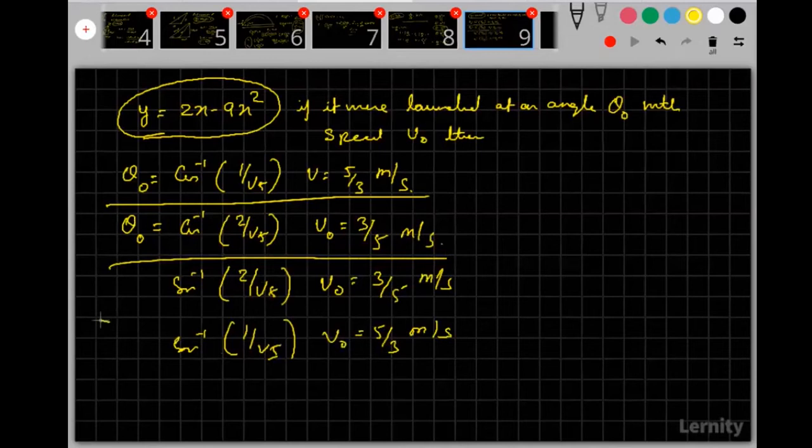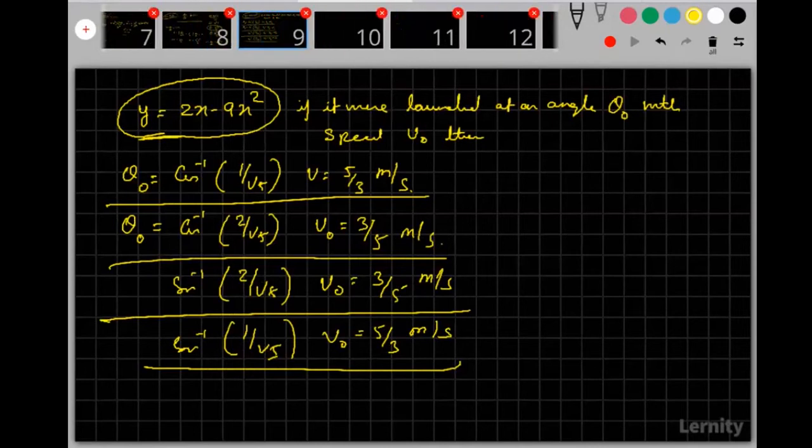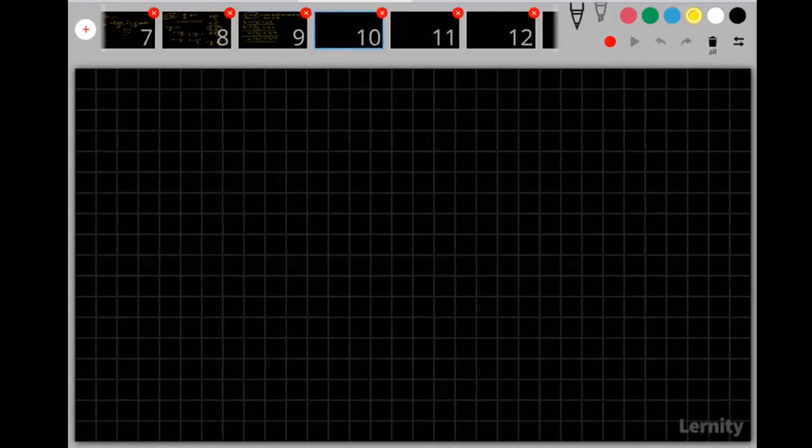They are asking you to calculate what is the angle of projection. This is the equation given. Y is equal to 2x minus x squared. This is the equation of the projectile. So I'll quickly explain to you how you get that. Basically you have a projectile here which goes this way.